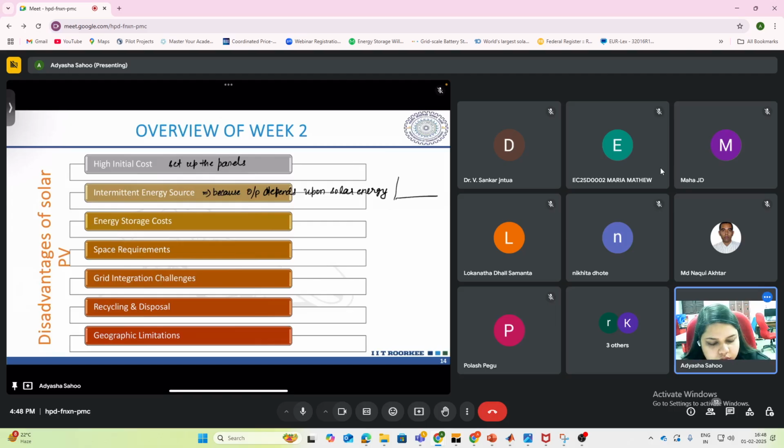Like maybe from morning 6 to evening 6, you have something like this, and after that at night again you have no solar output, and this peak may be at afternoon 12 or 1. But then again, it is not that every day this fixed amount of solar irradiance is there. It will depend upon the geography and all. Since we do not know how much it will generate, the matching of the generation with demand becomes difficult.